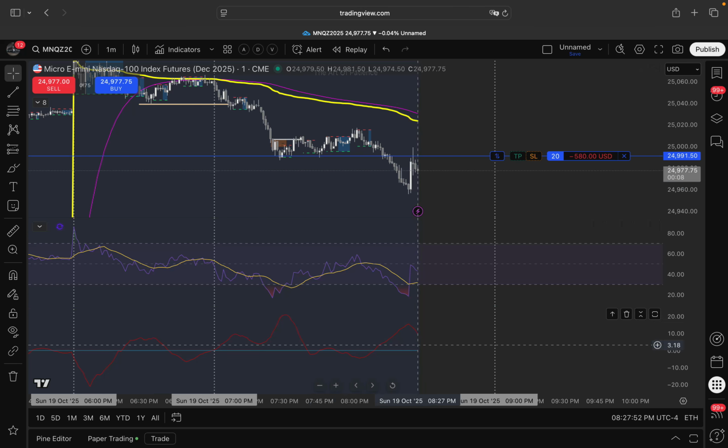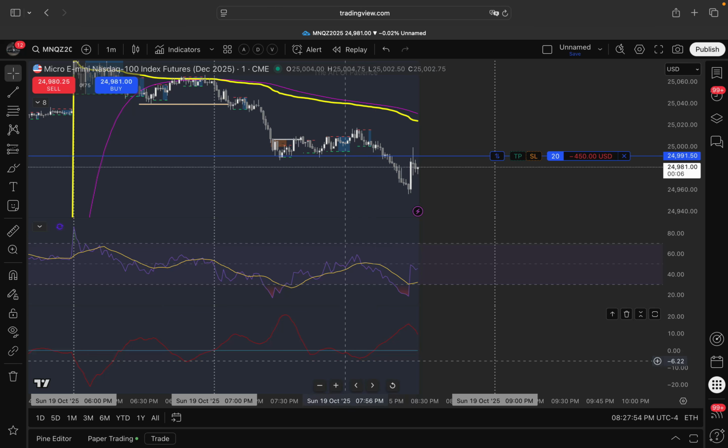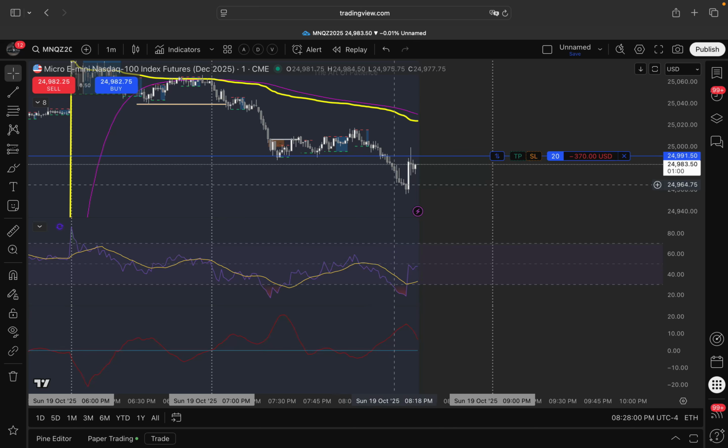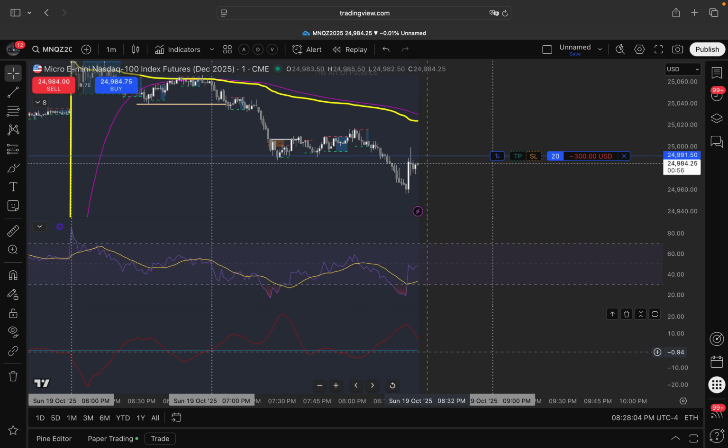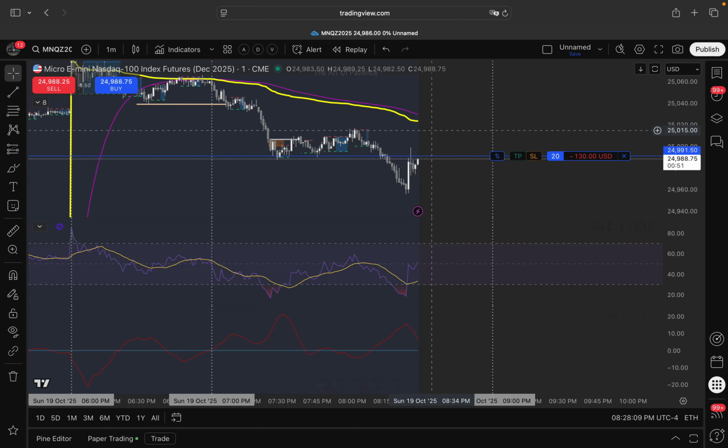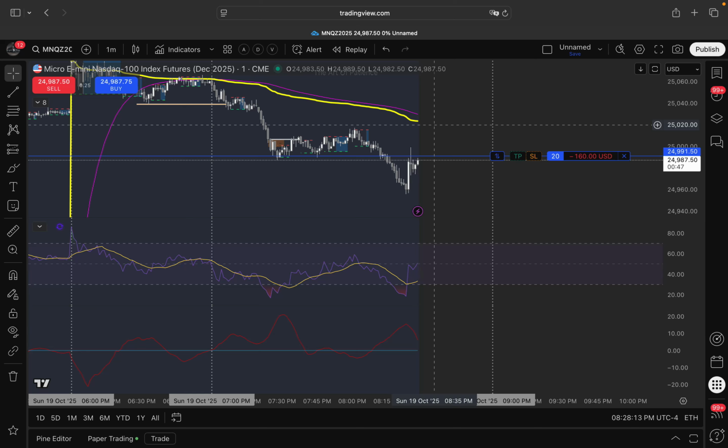So the Diddy index, whenever this line crosses above, that means that price is going down. As soon as this red line crosses below the zero line, that means that price is about to go up. Okay, so that's pretty simple, pretty straightforward.